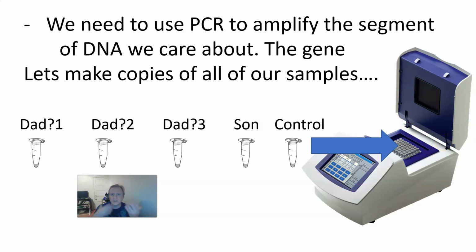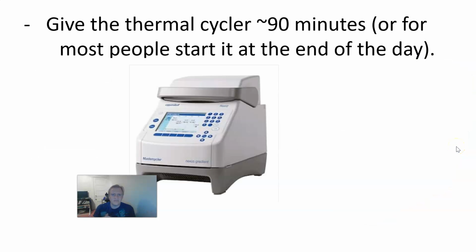It cycles through those levels of heat so that your DNA can be copied. And these take about 90 minutes, about an hour and a half. Most people that I know just start them before lunch, or at the end of the day.